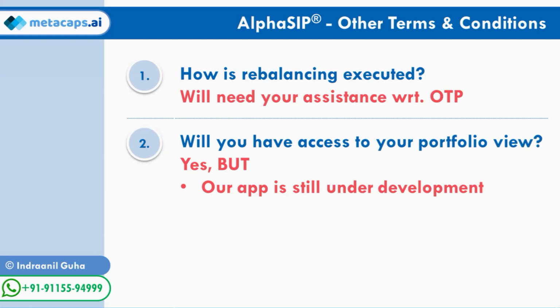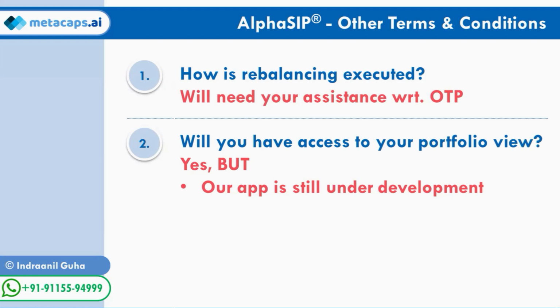On our app, the earlier policies that we sold while we were distributing Bajaj Allianz policies are visible. But with HDFC, we are still doing the tech integration. So in the immediate future, we will not be able to show you your portfolio on our app. It will take a couple of months for us to finish that integration. After that, the app will be available for you.